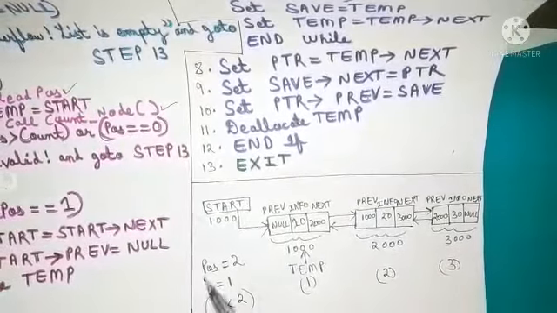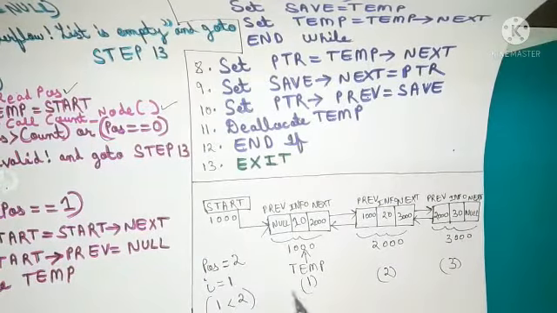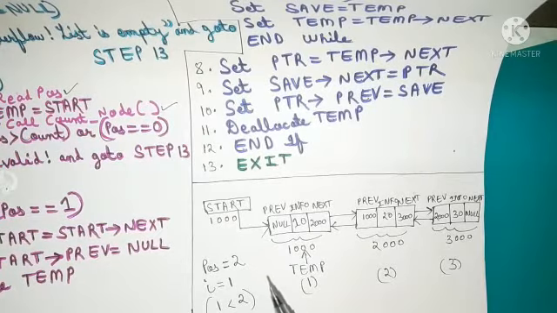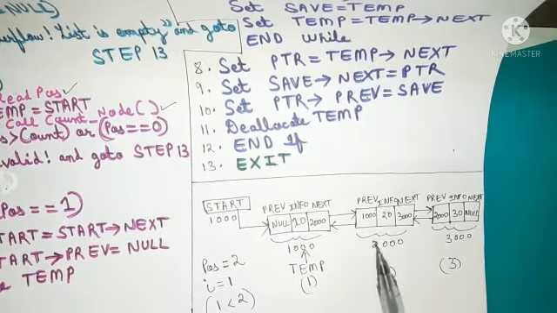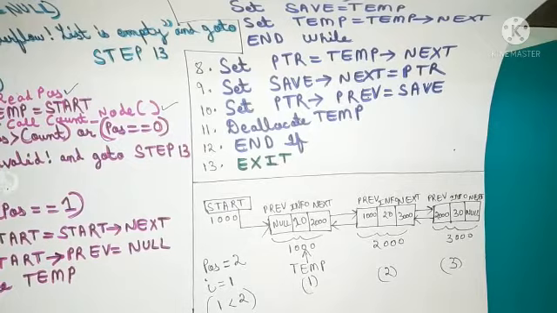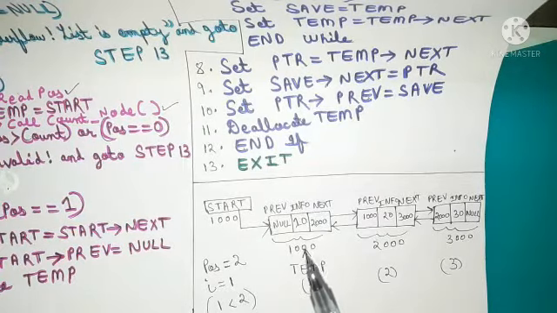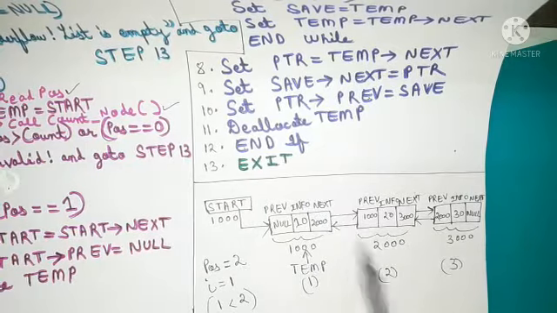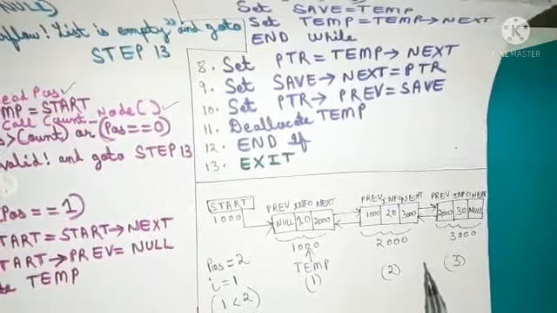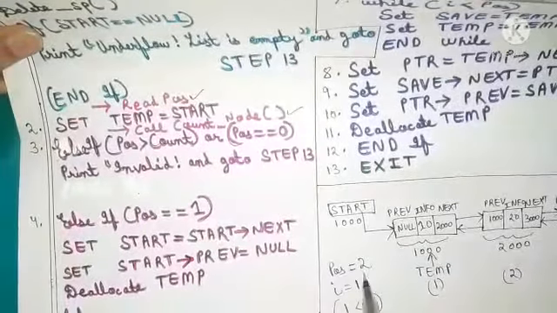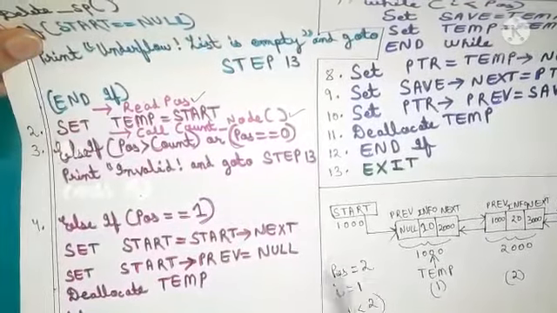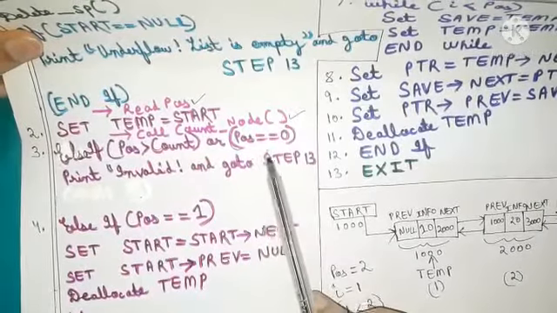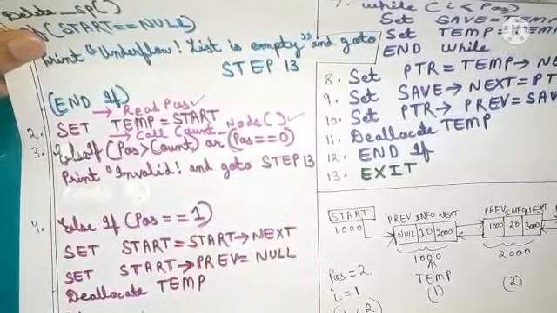So suppose I had given that I want to delete from the 4th position, then 4 is greater than 3. In that case definitely it will give us the invalid condition. Now suppose I set position at 0, then also it will give me the invalid condition. So I have set here position is equal to 2.